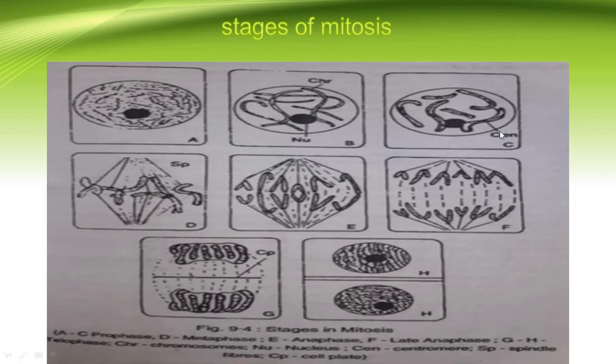Chromosomes are becoming thick. CN is the centromere.